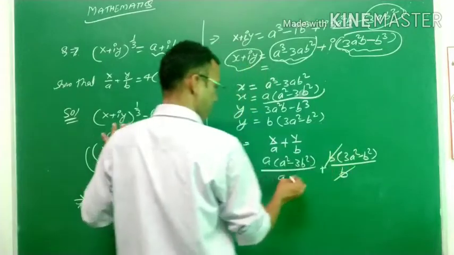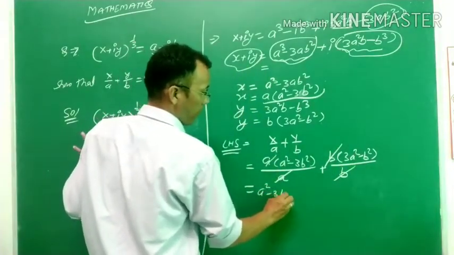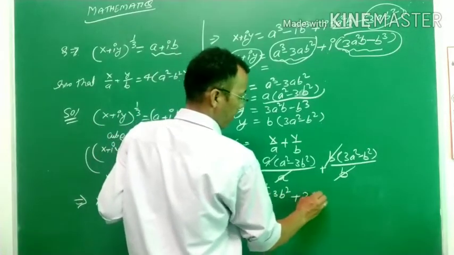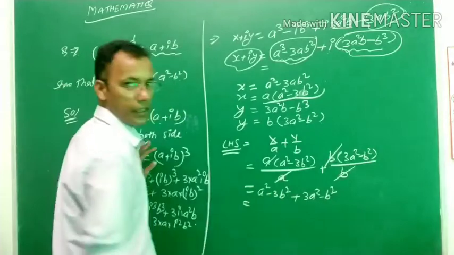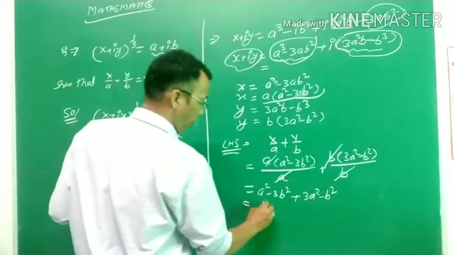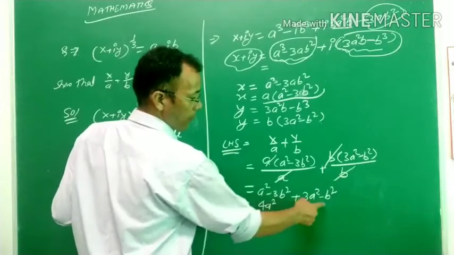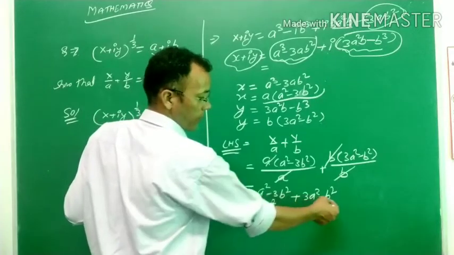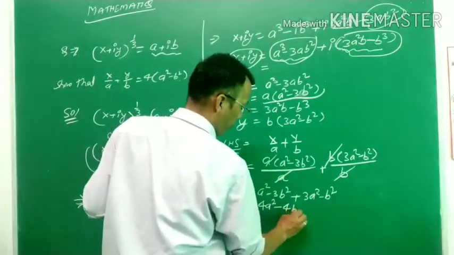So b cancels out, a cancels out. So we have a square minus 3b square plus 3a square minus b square. Now a square plus 3a square is 4a square, and minus 3b square minus b square is minus 4b square.